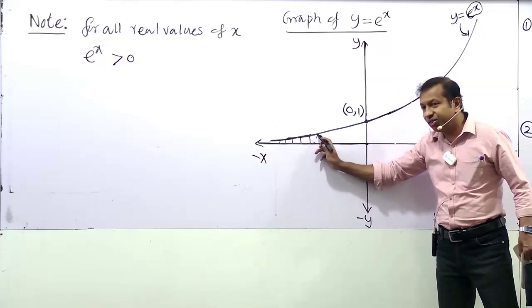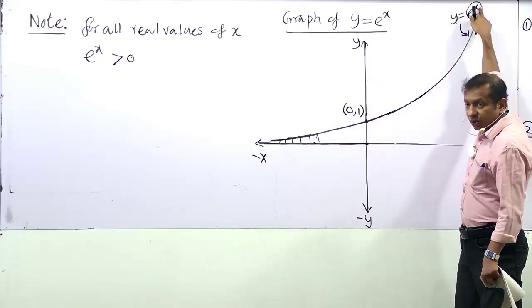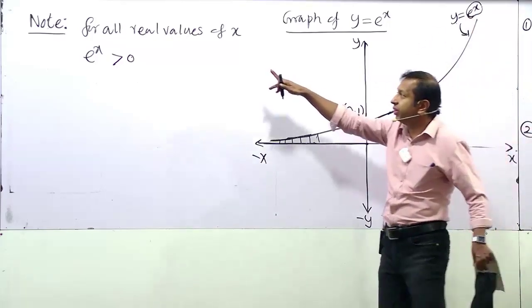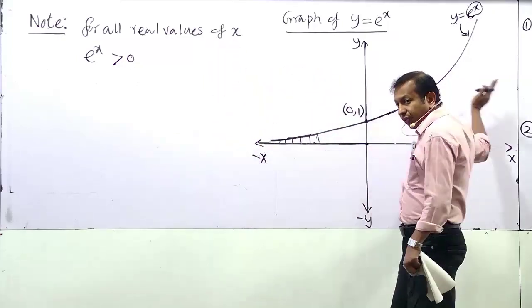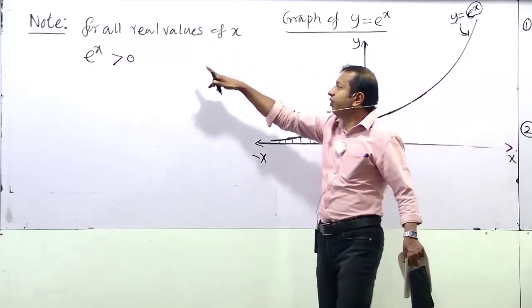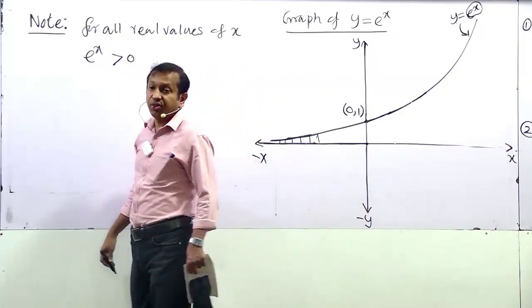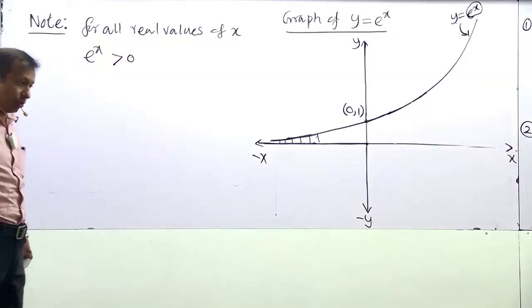You can see this y is positive, but that is equal to e^x. Therefore, e^x is positive for all x. That's what I wrote here. For all real values of x means from negative infinity up to positive infinity. Any x value you put here, the resulting answer is positive. e^x is positive for all real values of x. That is very important when you work out questions in the future.